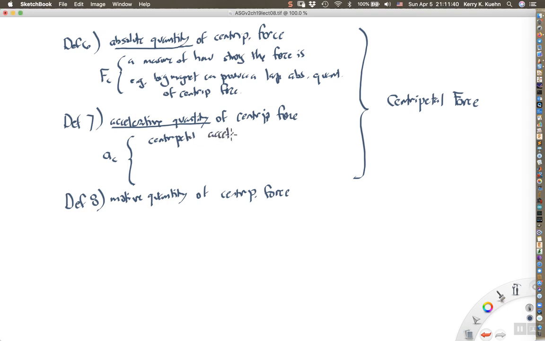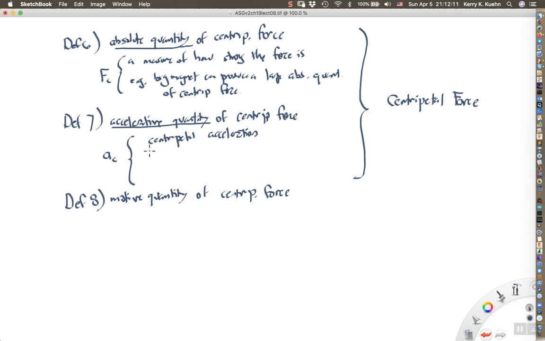It is the way an object responds to a centripetal force. And the bigger the centripetal force, the bigger the absolute quantity of the centripetal force, the more this object is going to accelerate. So when he talks about the accelerative quantity of centripetal force, he's talking about the response that an object feels to the absolute quantity of centripetal force. And we would call that centripetal acceleration.